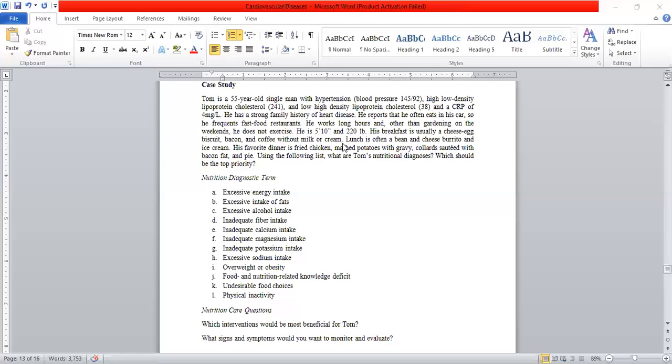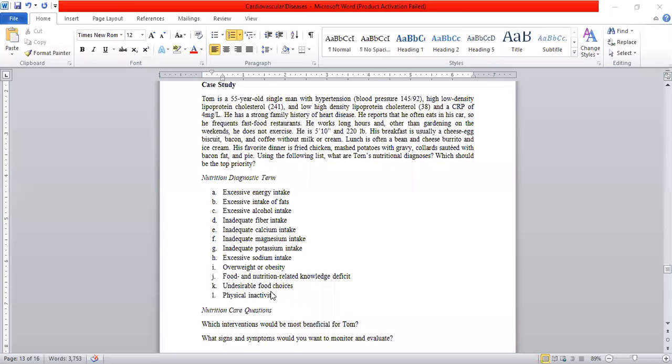So I need to see your interpretation of this case study. Then Tom is also having another major problem on the food. So in this case, you can conclude that he's having a food and nutrition related knowledge deficit. He doesn't know. Maybe he's consuming this food because he's not aware, or maybe he's not aware of other solutions that he can use.